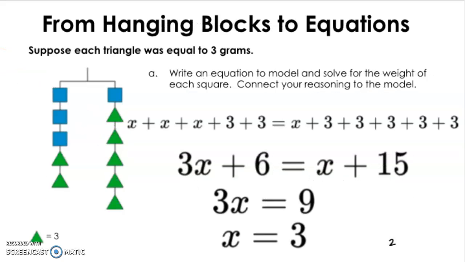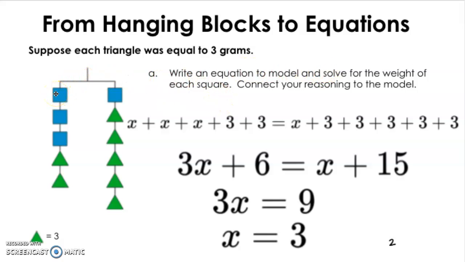So we can use these hanging diagrams in order to solve equations, and that's our goal today, to solve equations. And when I say solve an equation, we want to find the value of unknown variables, or we can think of them as shapes like squares. So we can write an equation to model the weight of each square.